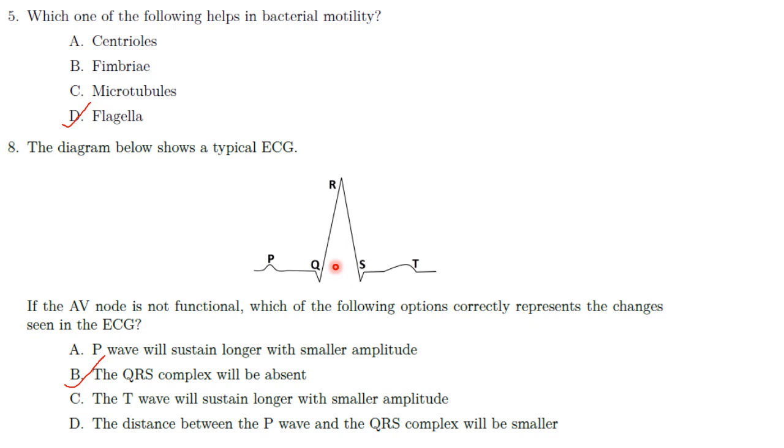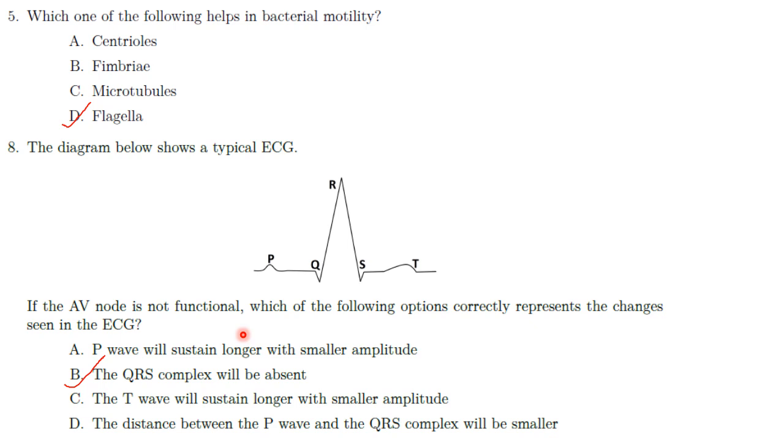Now what they have asked is, if the AV node is not functional. Now I told you in the beginning that the electrical impulse under normal circumstances will travel from the SA node, then spread to the atrium, from the atrium to the AV node, and from there to the ventricular septum. So if the AV node is not functional, the ventricles will not contract.